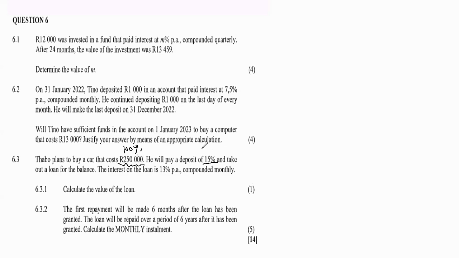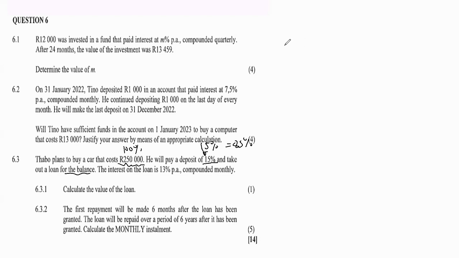Now he is able to pay 15% from his own pocket and is only looking for a loan for the balance. What do they mean by the balance? The money that's left after he is able to pay the 15% from his own pocket, right? So obviously, if he's able to pay 15%, that means the balance that he is looking for at the bank is 85% of the cash price of the car, right?